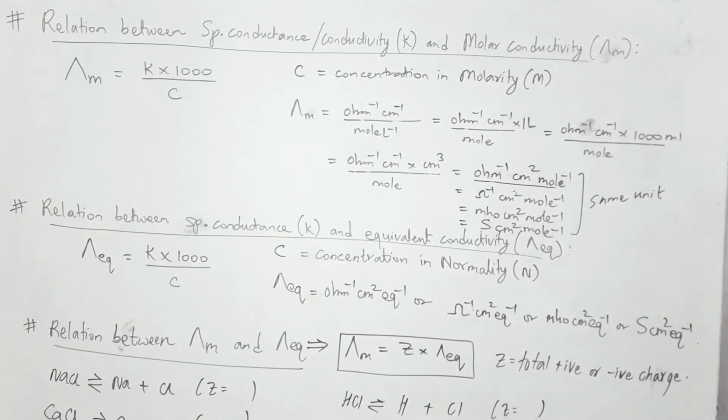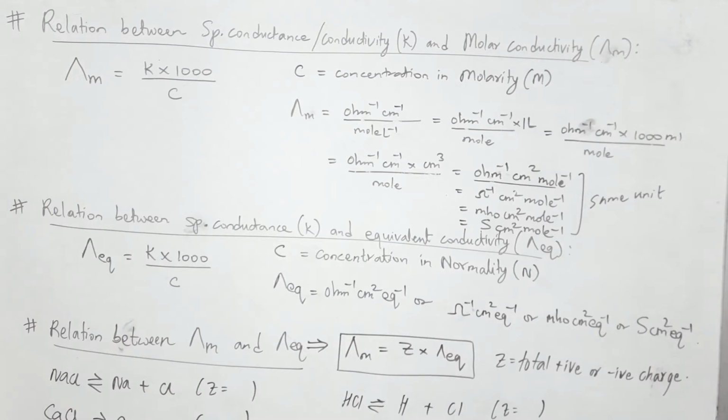So you can write any of these units in the exam: ohm inverse centimeter square mole inverse, omega inverse centimeter square mole inverse, mho centimeter square mole inverse, or Siemens centimeter square mole inverse.